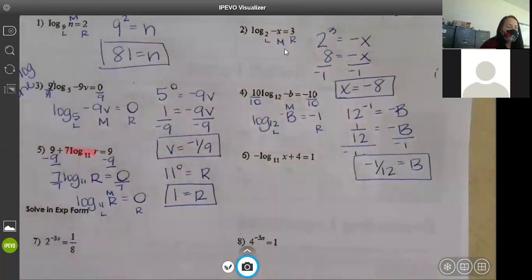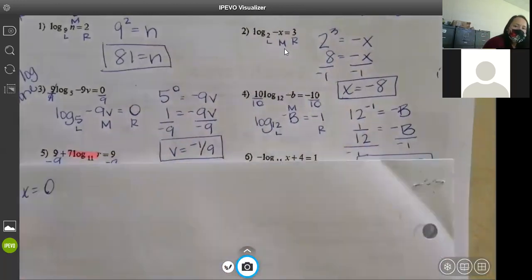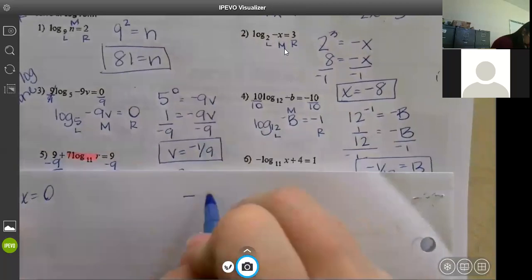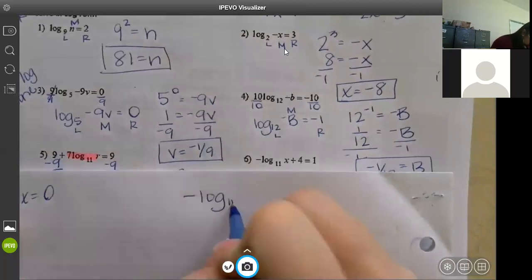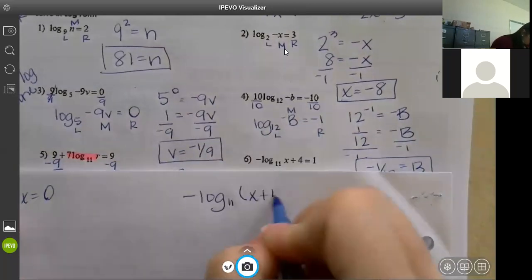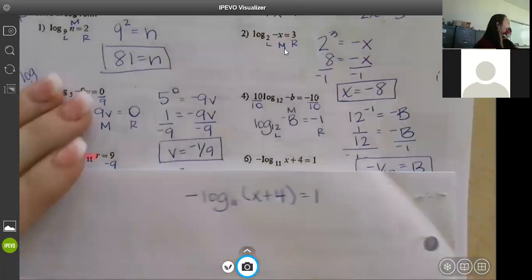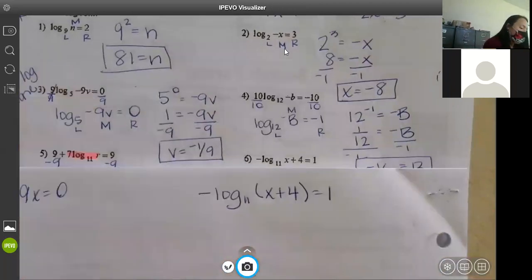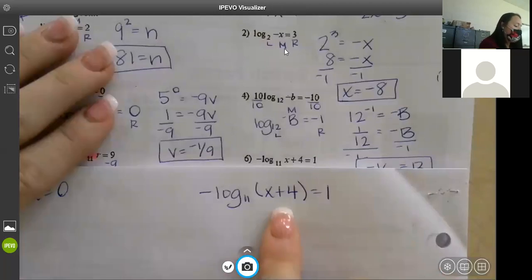So number 6 is actually the same way. Let me explain something to you, and I'm going to show you on this paper again. There is a difference in these two problems, okay? This one says this works with the log.